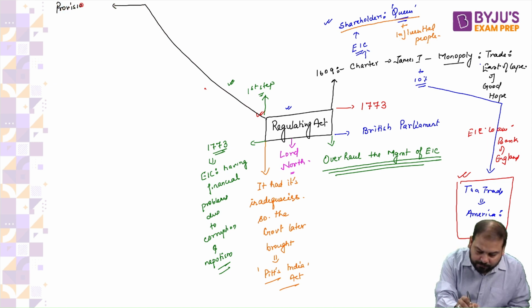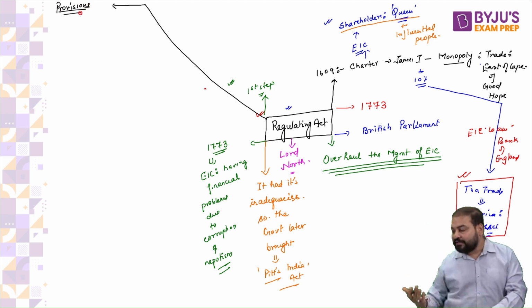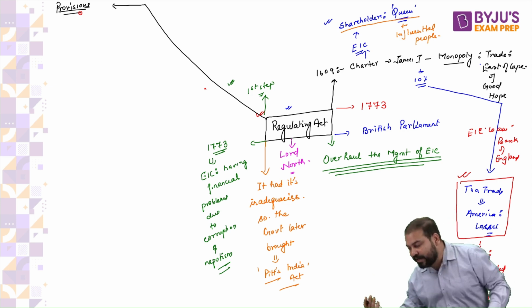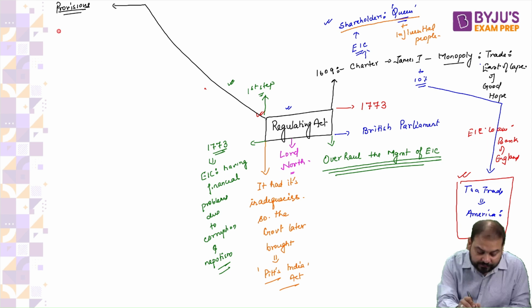So if I bring here and I will write here, what are the provisions of this act? The question will come from either why the Regulating Act was required, or from its provisions. So everyone, the first is prohibition.